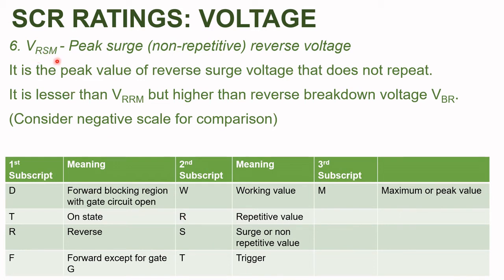M is the third subscript used for maximum or peak value. So we get peak reverse surge voltage or peak surge reverse voltage.